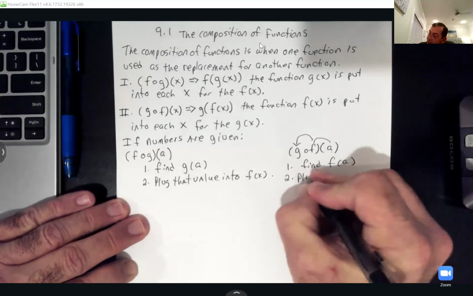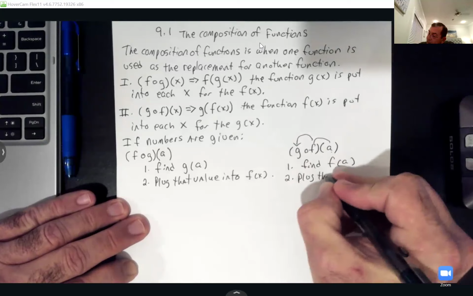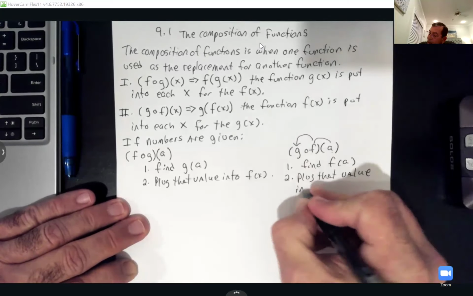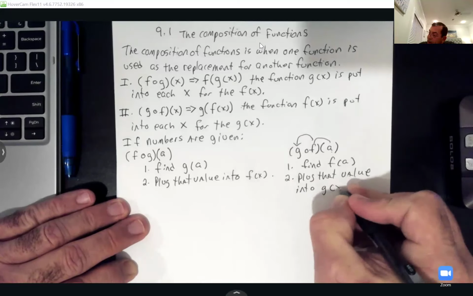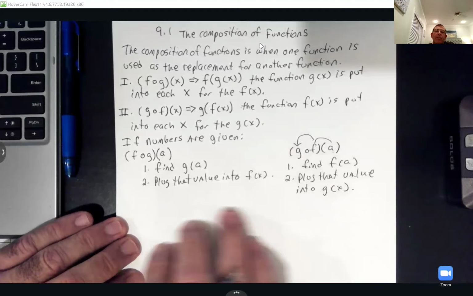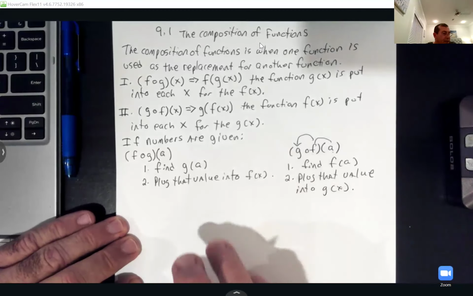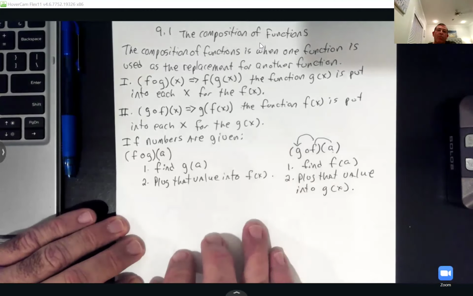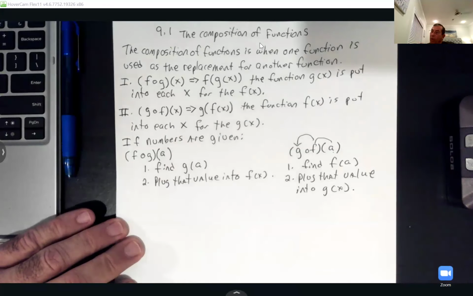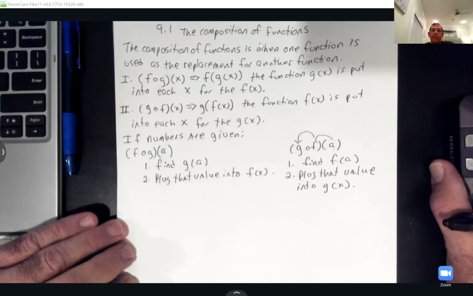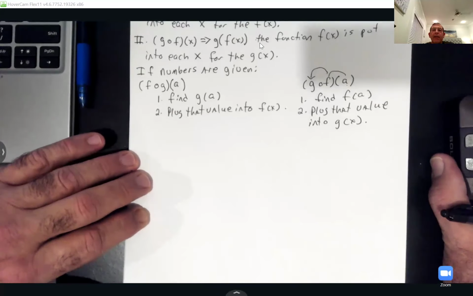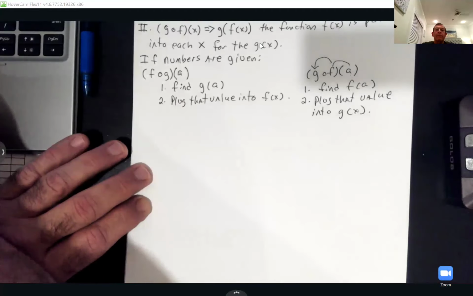So the second step here, plug that value into G of X. So they're not as bad as all these definitions I'm giving you when we actually work the problems. I think it's a lot easier when they give us numbers than when they don't, okay? So let's play with some of these examples where they are actually giving us numbers.